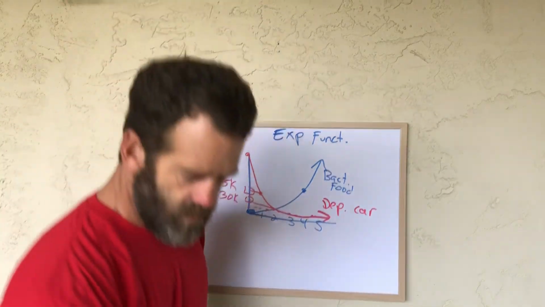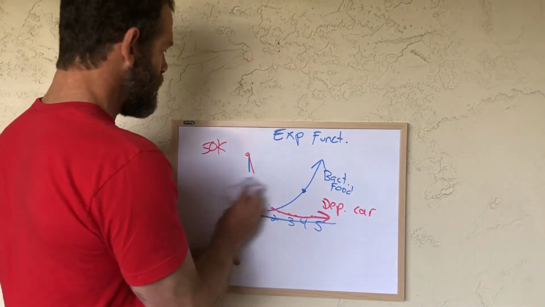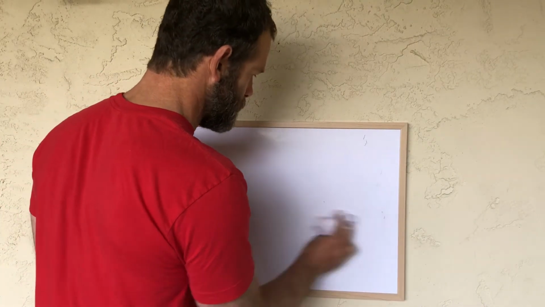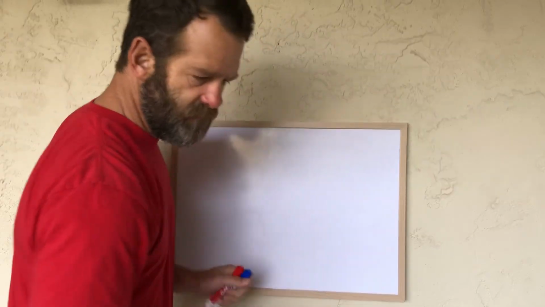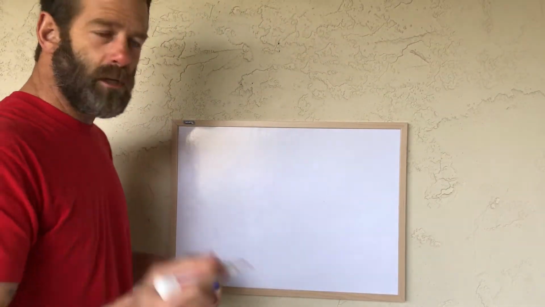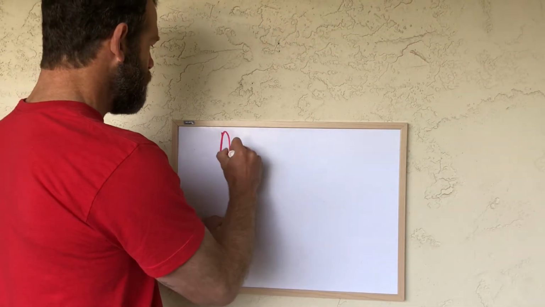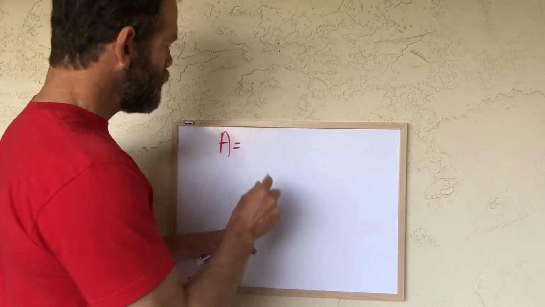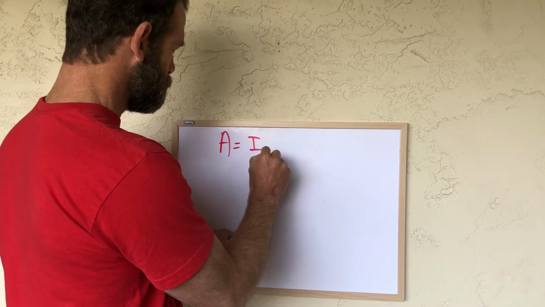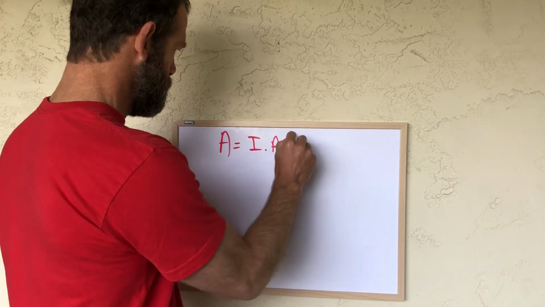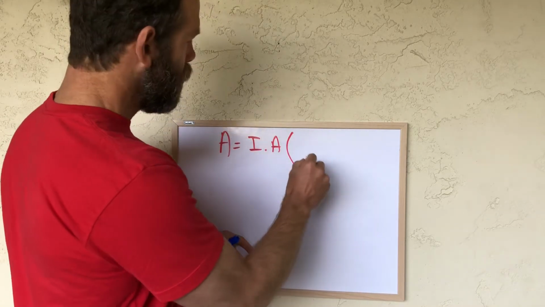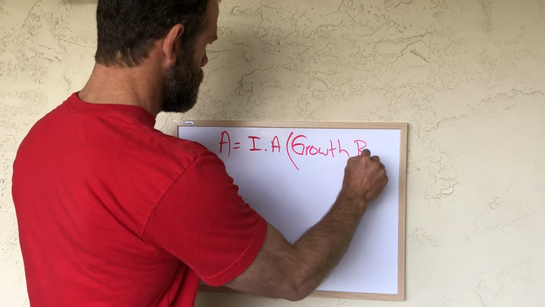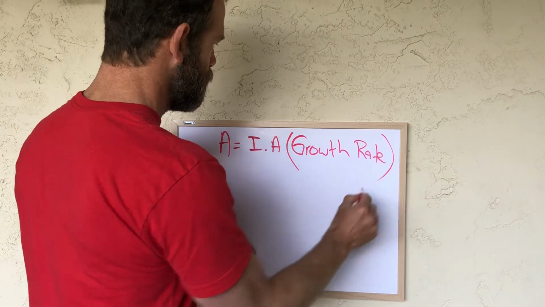So in the notes, I give you a formula for exponential functions. The amount that you have that's grown or decayed over time is your initial amount times your growth rate.